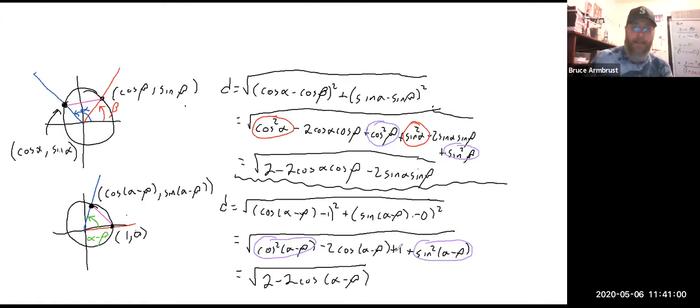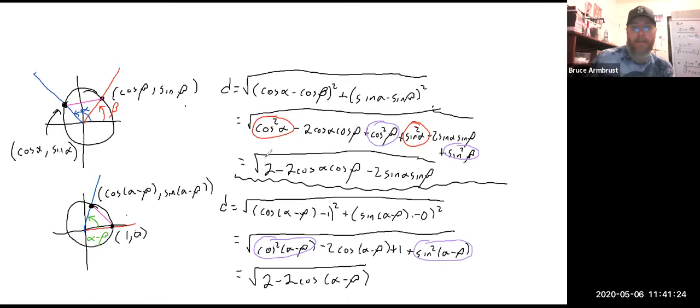All right, so thanks for the geometry lesson, Bruce. This doesn't really help us much, except we do know that these two distances are the same distance because they're the same pink line. So I can actually equate those.